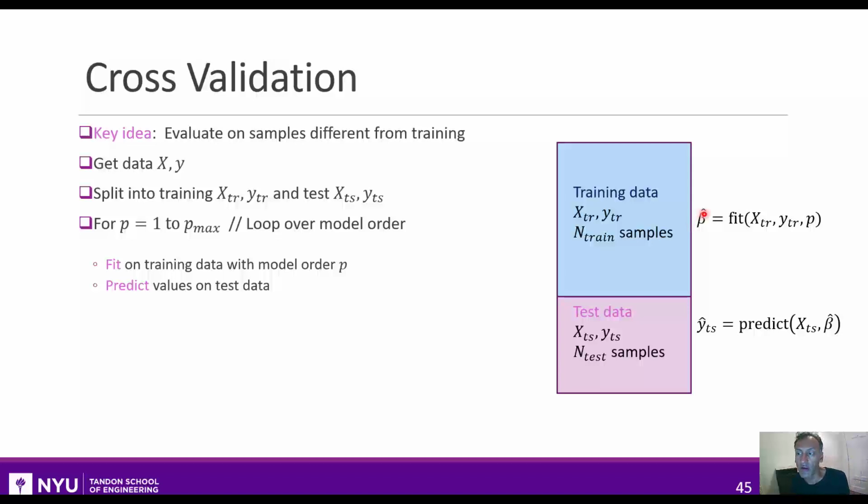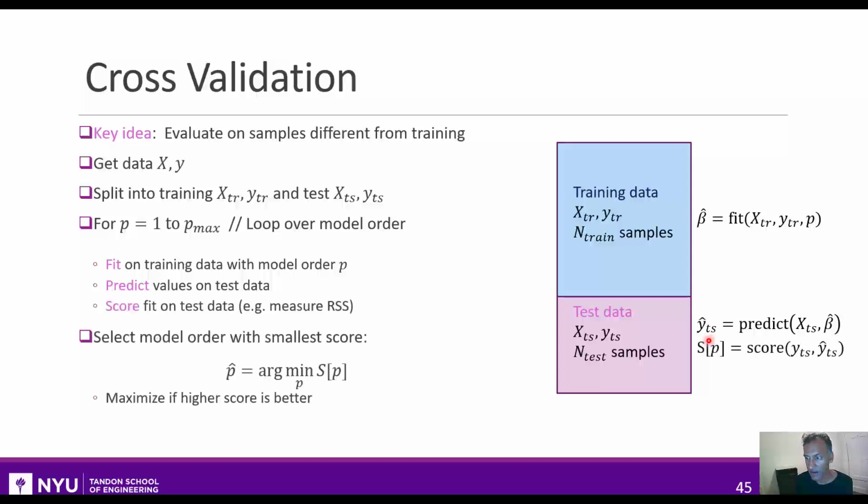Instead of evaluating it on the training data, we now evaluate it on the test data. So I take my estimated parameters and I predict what the labels for the test data would be, and I'll call that y_hat_test.